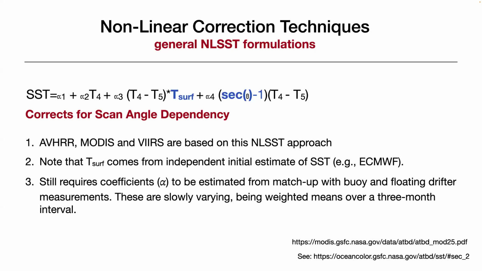So there's an external guess at what the temperature should be without direct measurements, and this could be the ECMWF, the European Centre for Medium-Range Weather Forecasts, SST values that will be used to adjust these coefficients somewhat, not a lot, to get a little bit tighter. And this term here is meant to adjust for the path distance over which the satellite had to transmit, the watts per meter squared up to the satellite.